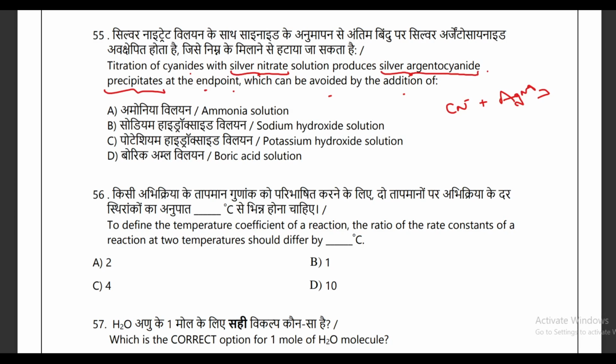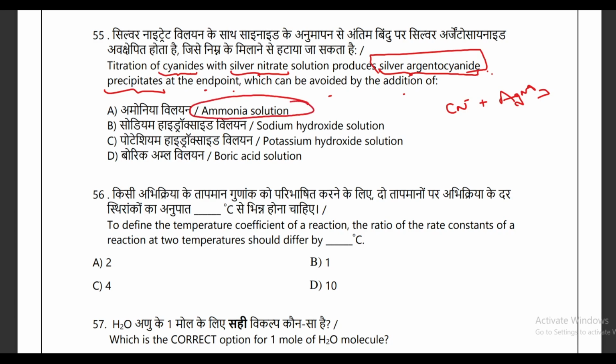First is ammonium solution, second is sodium hydroxide solution, third is potassium hydroxide, and fourth is boric acid solution. So actually what happens here, when cyanide is treated with silver nitrate, usually in this process you will get a precipitate of silver argentocyanide, and you can avoid the formation of these precipitates only when you use ammonium solution in this case.